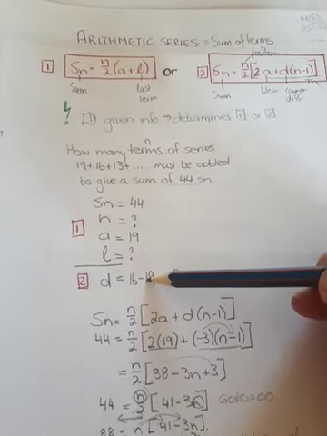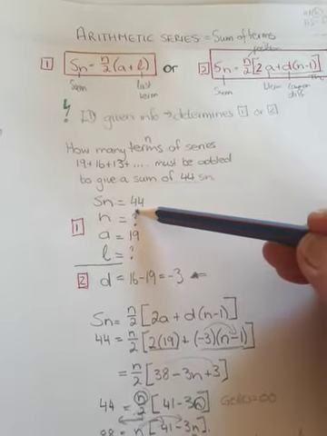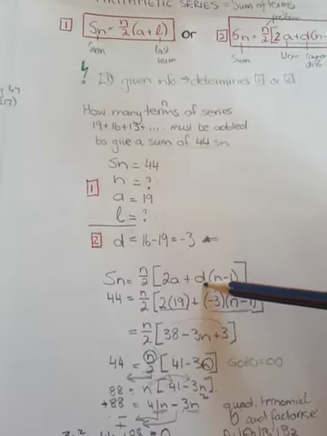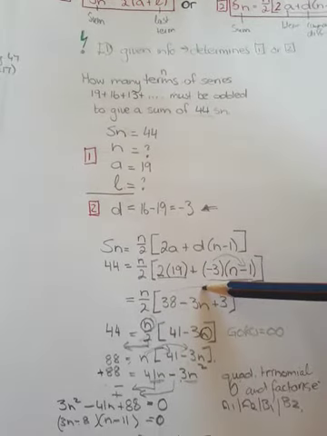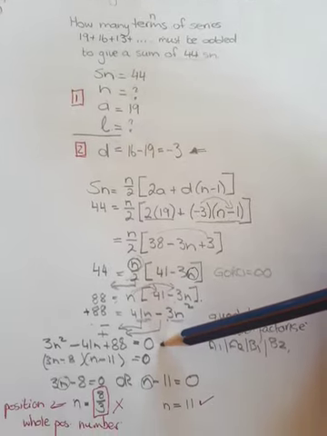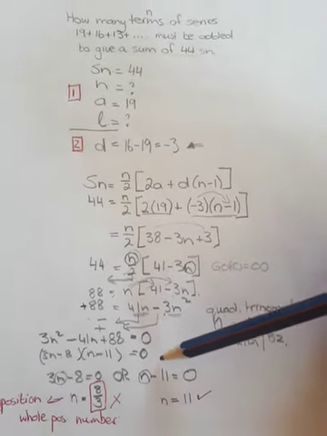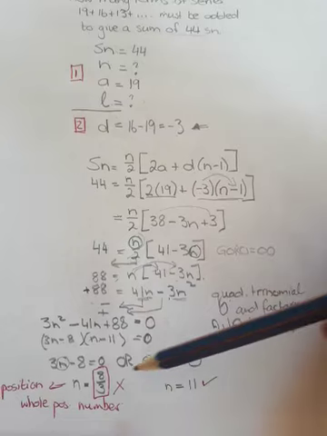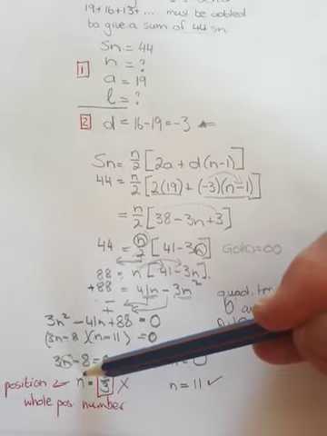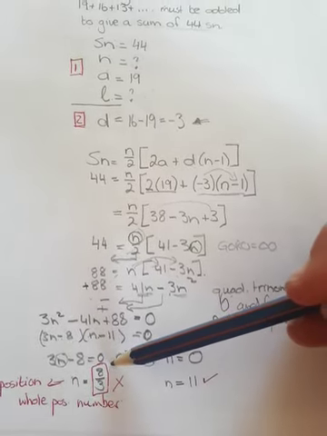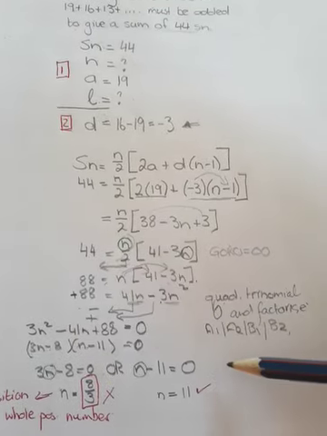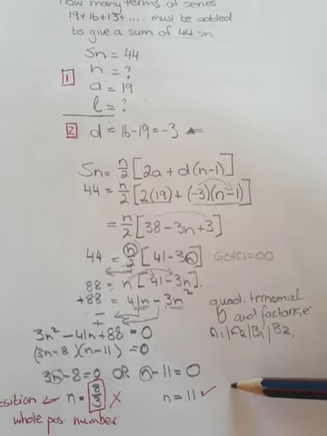But with the second equation, I will have only the n being unknown. Therefore, I will substitute my value. I will then use my algebraic knowledge. I will solve this equation, which gives me a quadratic trinomial, which I have to factorize, and then I need to have a good look at my answers. Because the position is asked, I cannot have a fractional or a negative answer. So in this case, only 11 is a relevant answer.